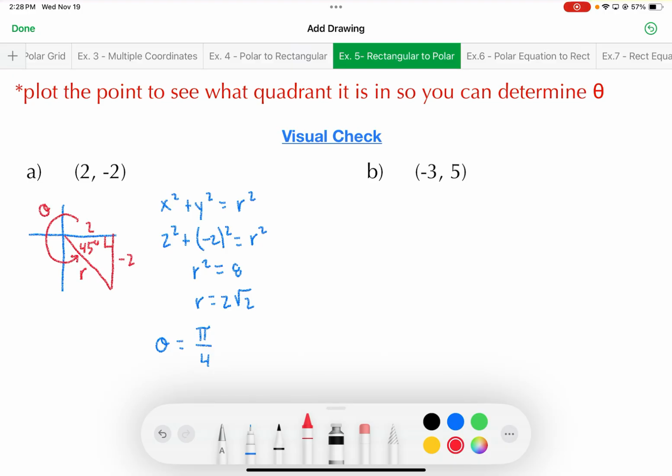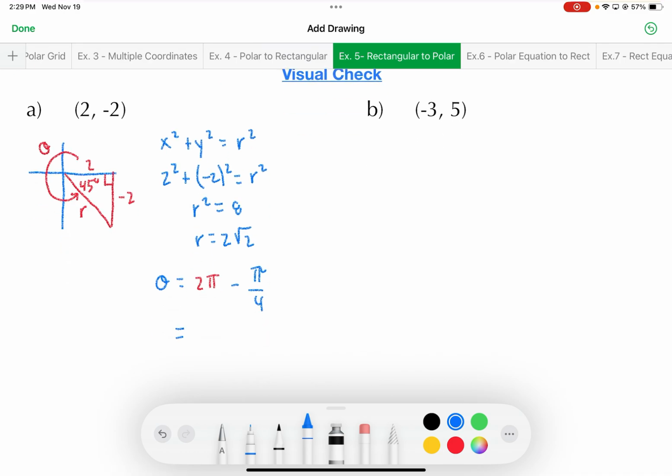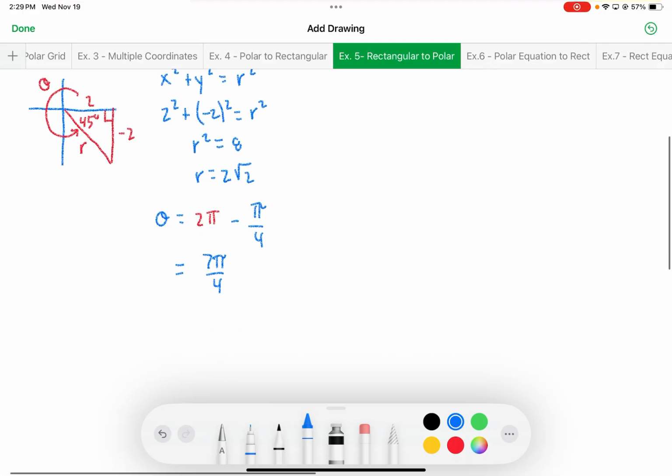Subtract it from 2 pi? Yeah, really you should be subtracting it from 2 pi. So I could say theta is 2 pi minus pi over 4, which would give me 7 pi over 4. Okay. So my answer, I'm going to say that 2, negative 2 in rectangular form is the same as 2 radical 2, 7 pi over 4 in polar form.